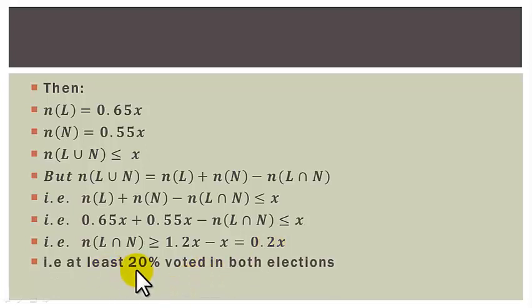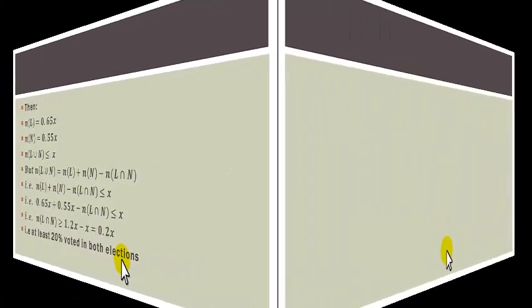That is, at least 20% voted in both elections.